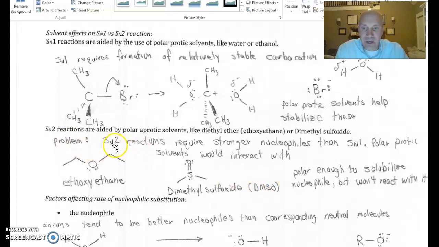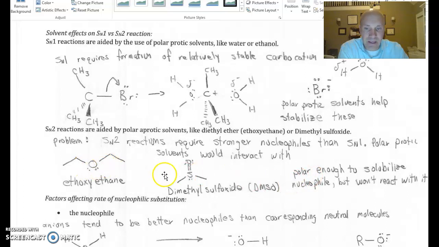Why is this helped by these solvents? Well, the SN2 reaction requires a stronger nucleophile than you do for the SN1. If you used that, the polar protic solvents would interact with that nucleophile.